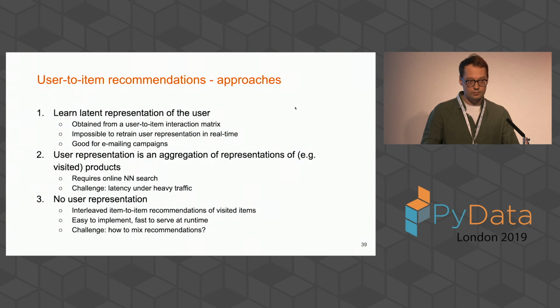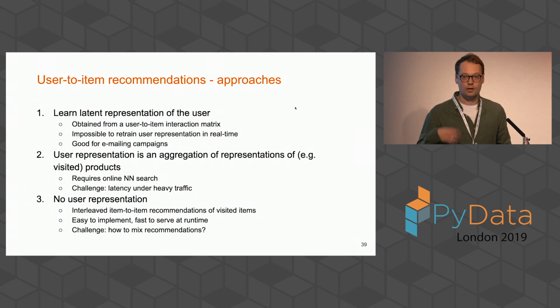The first, the most ambitious, the cleanest approach is to simply learn the latent representation of the user the same way we learn the latent representation of the items. This would mean that we have to somehow decompose a hypothetical user-to-item interaction matrix. But in our setting, we believe it is impossible to do because we cannot do it in real time. And this is the whole trick.